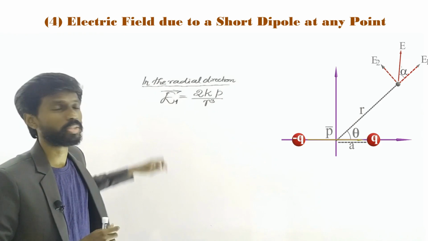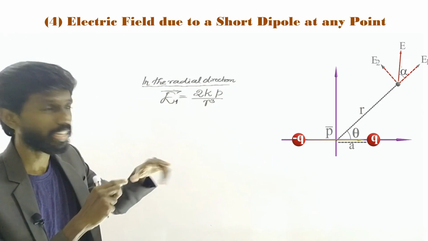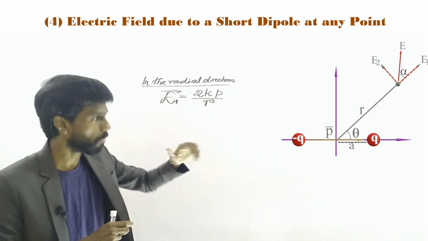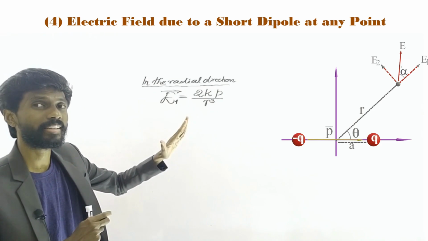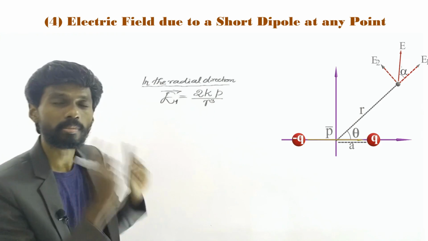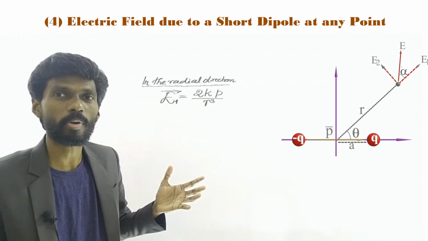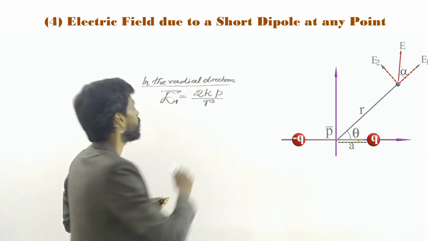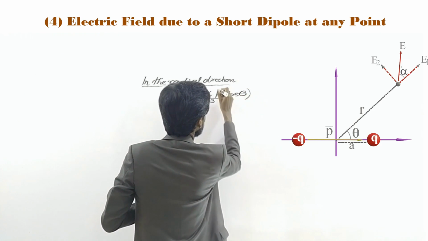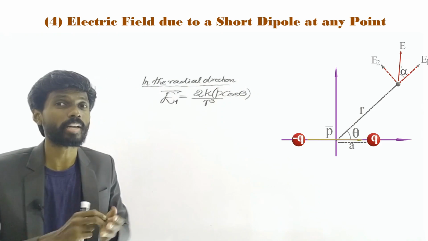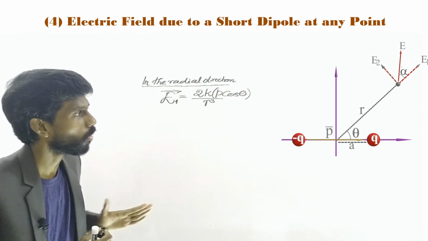So what we have to do is take the component of P in the radial direction. What is the component? P is horizontal, but this angle is theta, so the component of P in that direction is P multiplied by cos theta. This is the component of P in our required direction, the radial direction.